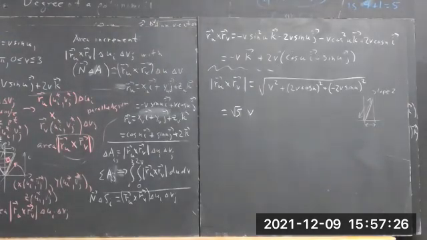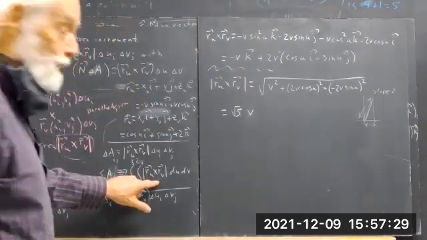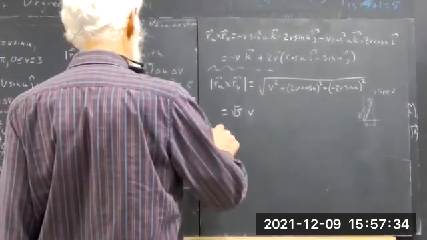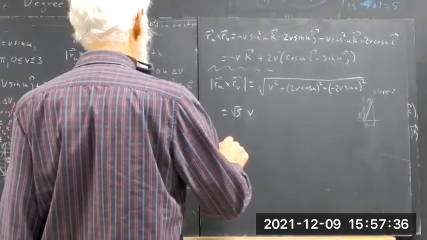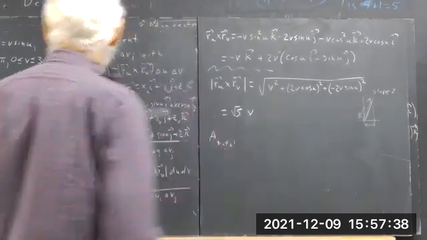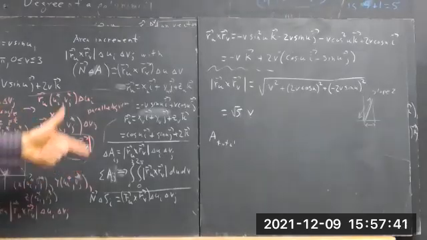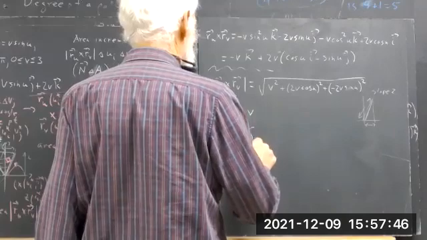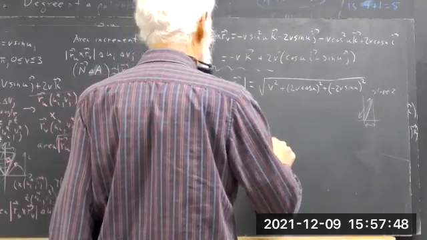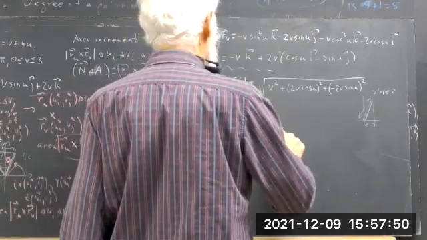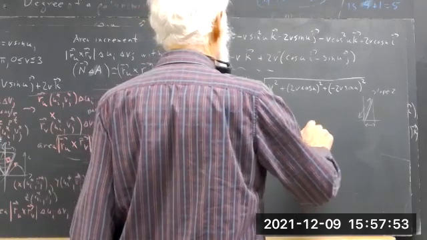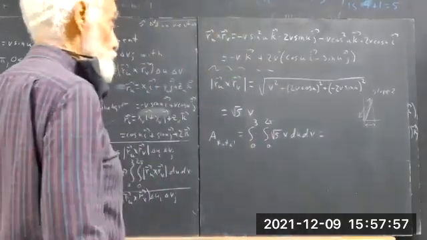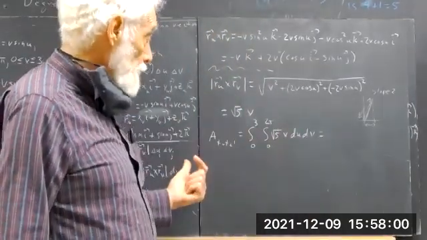Okay. Now, this makes this integral really easy, doesn't it? Total area of this cone is the integral from 0 to 3, the integral from 0 to 2 pi, square root of 5 v du dv. So that's a really easy integral. Square root of 5 comes out of the integral.